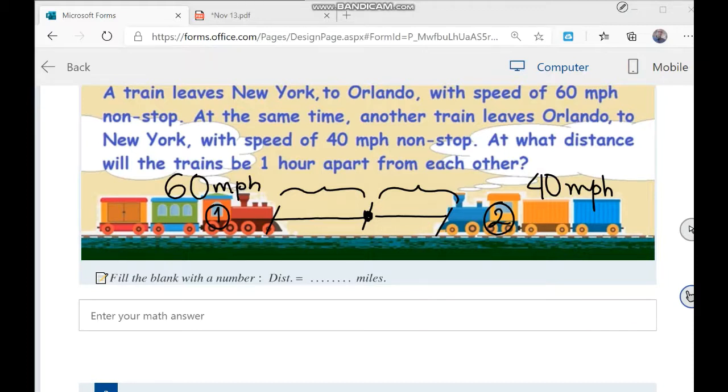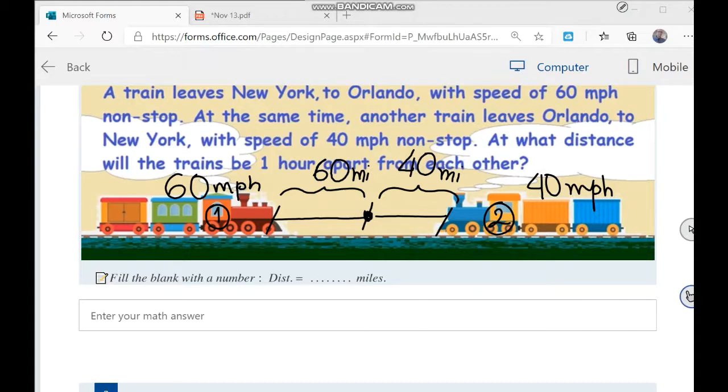How many miles will train number 1 travel in 1 hour at 60 miles per hour? 60 miles, right? How many miles will train number 2 travel in 1 hour at 40 miles per hour? 40 miles in 1 hour, right?